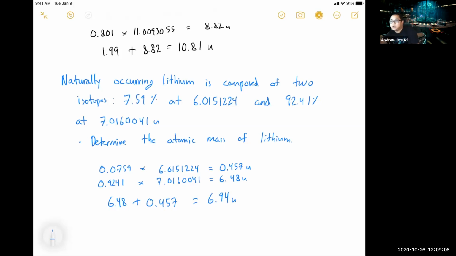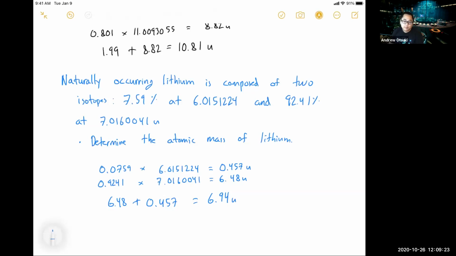So as we can see here, we can measure the percent abundance of these elements by using something called a mass spec. It'll give you the relative abundance of, say, isotopes of the elements.